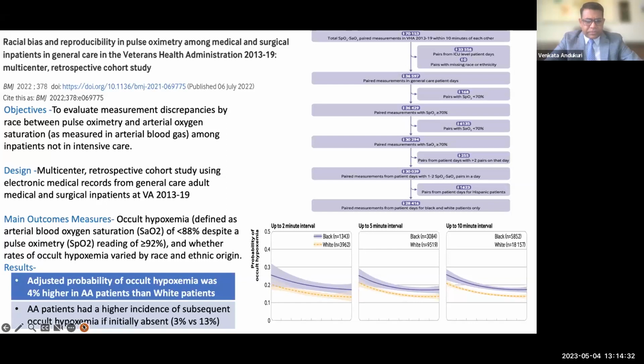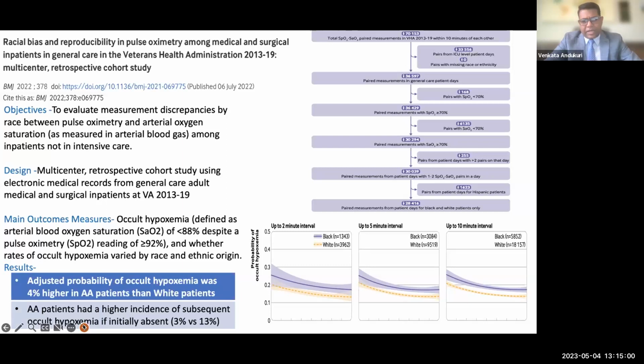In the illustration, the x-axis shows the probability of occult hypoxemia, and the y-axis shows the O2 pulse oximetry measurements, starting from 92% until 100%, at 2-minute, 5-minute, and 10-minute intervals.